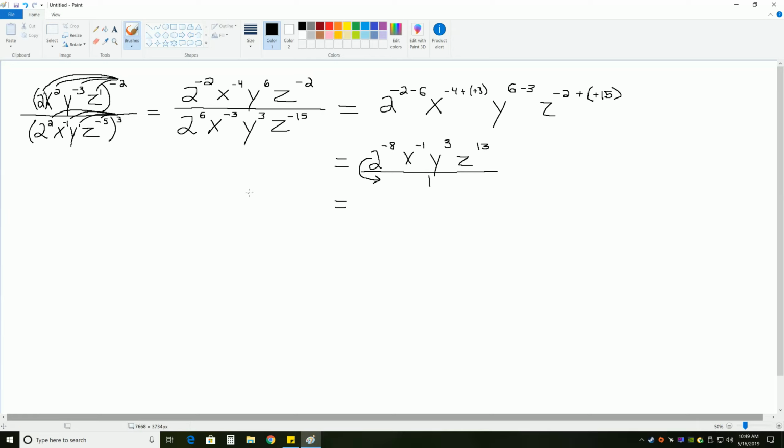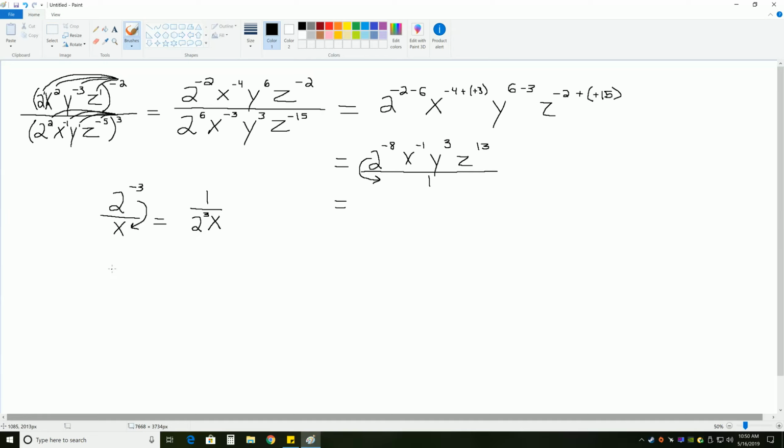Let me show that off to the side just to avoid any confusion. If you had something like 2 to the negative third over x, in order to get this negative 3 to be positive, you have to move that 2 to the denominator, leaving you with 1 over 2 to the positive third times x.